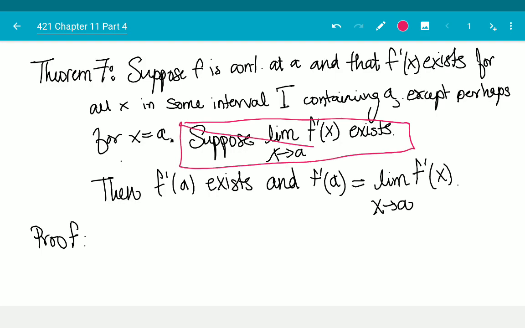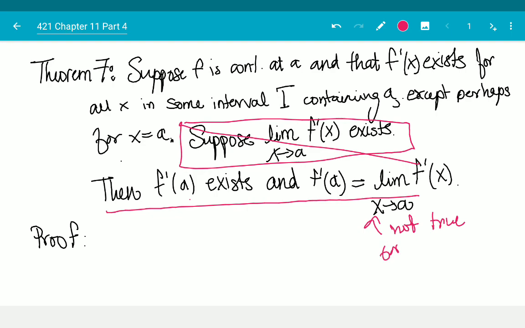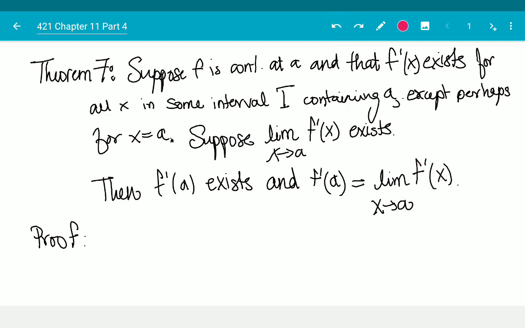F prime existed, but f prime of a was not true for f of x is equal to x squared sine 1 over x. This implication did not work out. It works out now because I am assuming the extra condition that the limit of f prime of x exists. So it's an important condition.